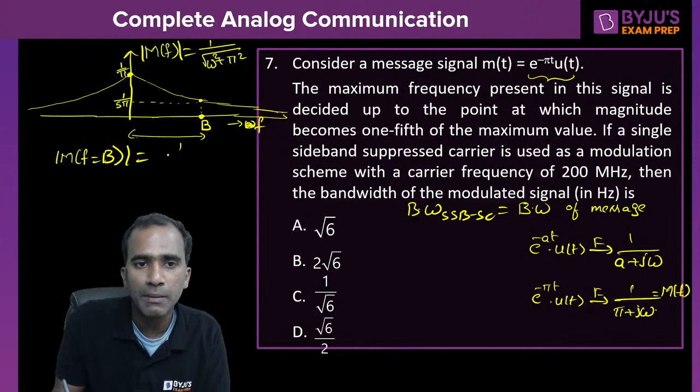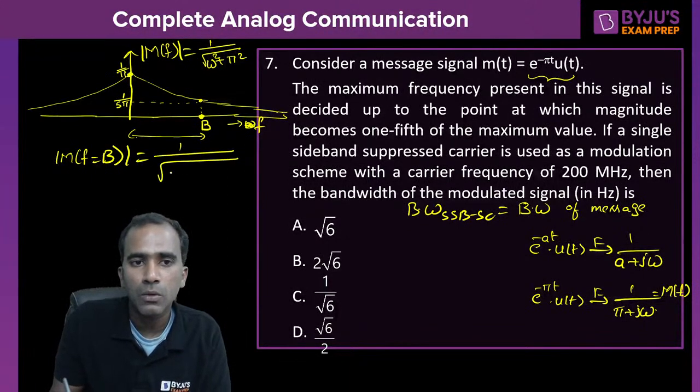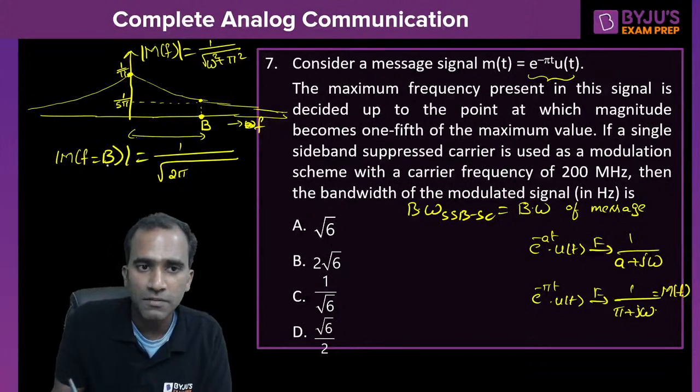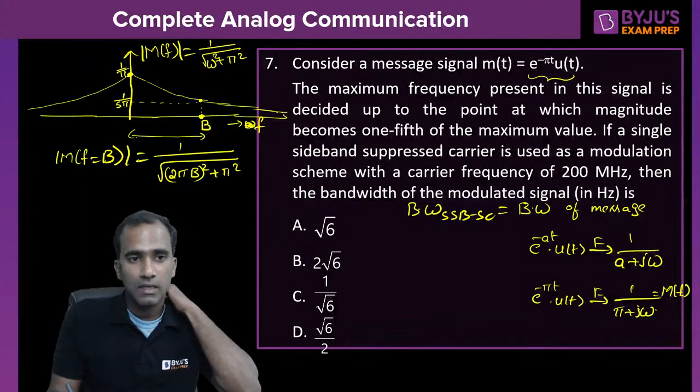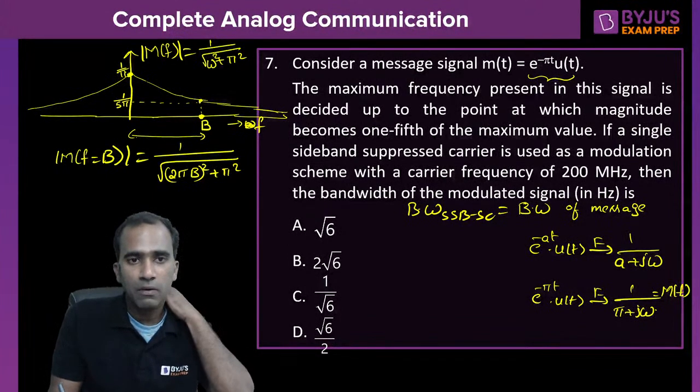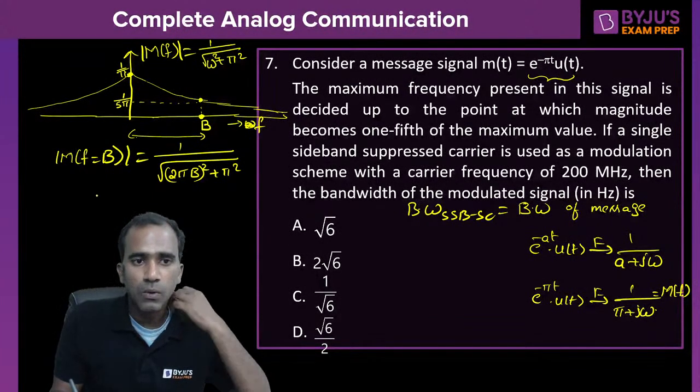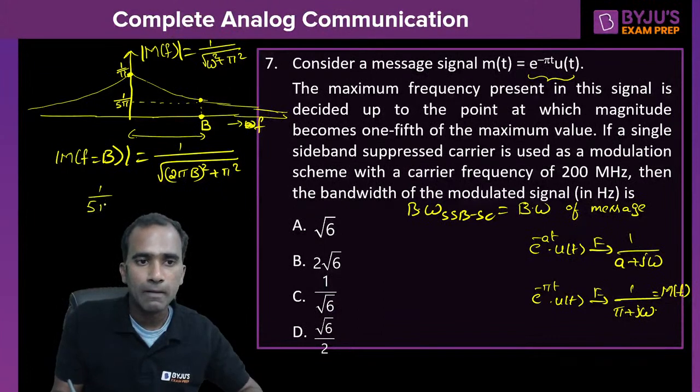Let us substitute B in place of f in the root of (omega square is 2 pi b whole square) 2 pi f, this omega is 2 pi f. In place of f we substitute B, not in place of omega. Root of (2 pi B) whole square plus pi square. But what is the magnitude at f equal to B? It is 1 by 5 pi.